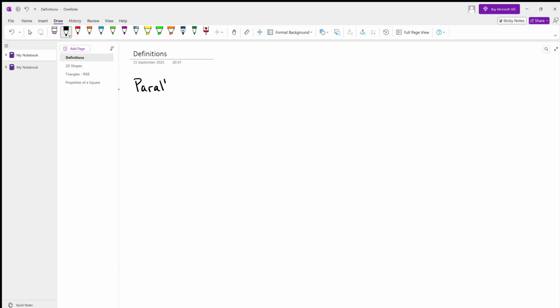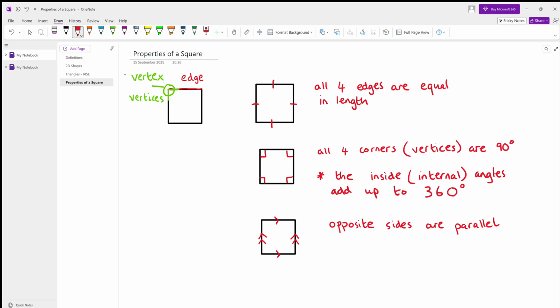I'm going to try to write in simple language if we can. When two lines never meet. You can say when two lines are equidistant apart or the same distance apart, but we'll leave it like this. I think otherwise it's going to get a bit complicated. So I want you to copy these, and then I'm going to move down.